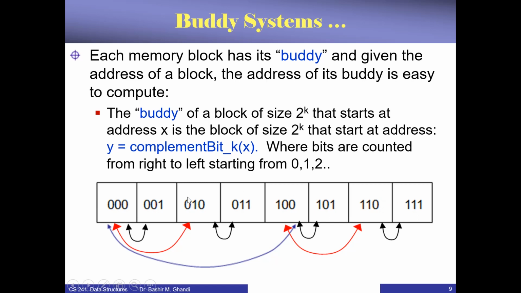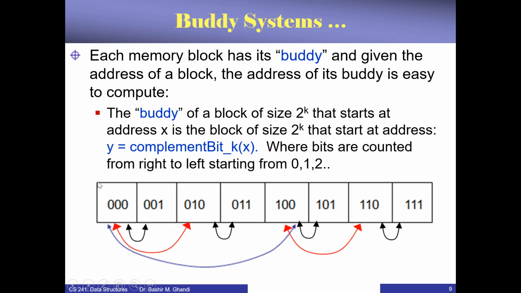Now let's look at the case where the blocks are not of size 1 but of size 2. So you consider this as one block, the first 2 bytes. As we said earlier, the address of a memory block is simply the address of the first byte in that block.